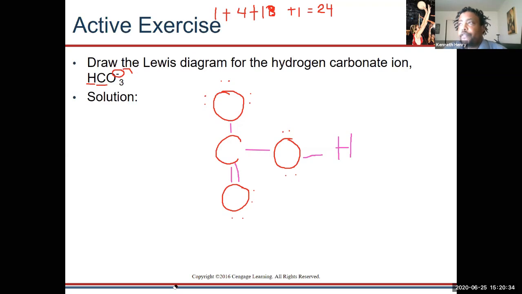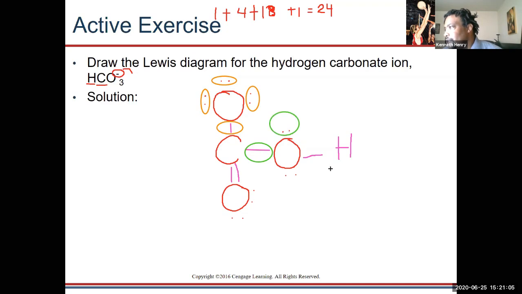Okay, so does everybody have their octet filled now? 2, 4, 6. So let's do some accounting. We have 2, 4, 6, 8 for that oxygen. We have 2, 4, 6, 8 for that oxygen.